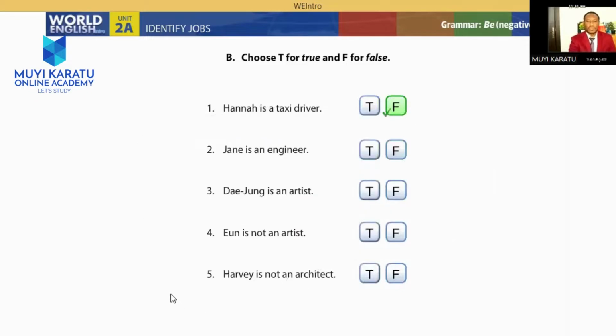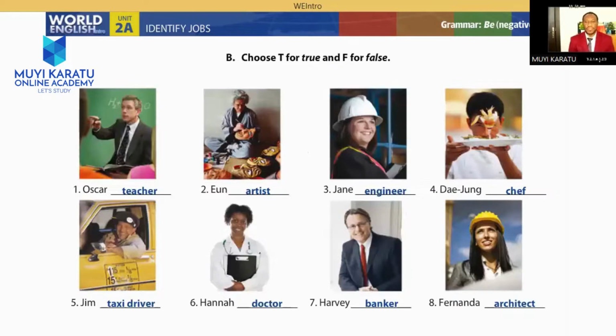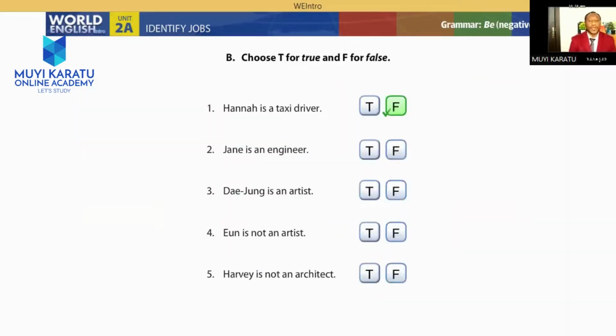True or false? Pause the video again. Choose T for true and F for false. Still from the picture. Check the picture. Here they are with their names. Okay. And then go back to the exercise. Hannah is a taxi driver. False.